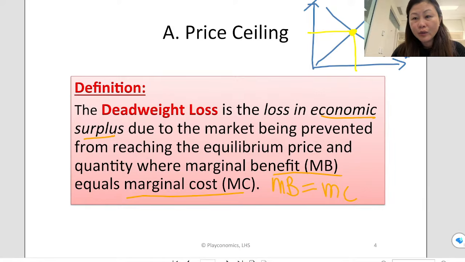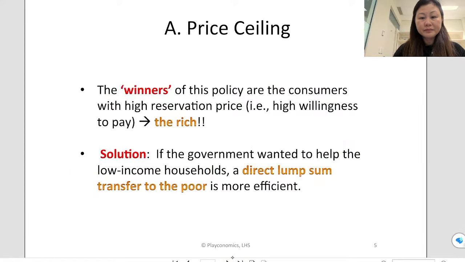Okay? The equilibrium where marginal benefit equals marginal cost. All right? Now, I mentioned earlier when I was looking at the diagram, I said that the winners of this policy are the consumers with a high reservation price because they have a high willingness to pay and they are the rich.